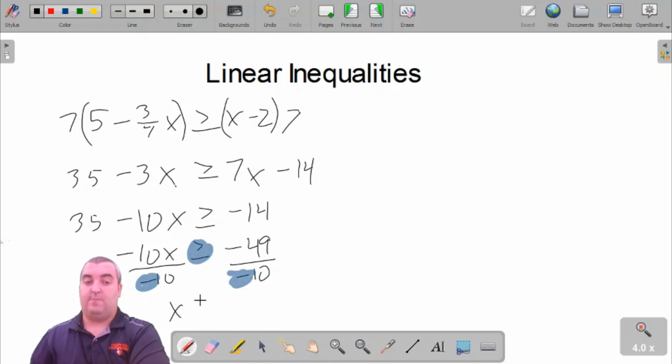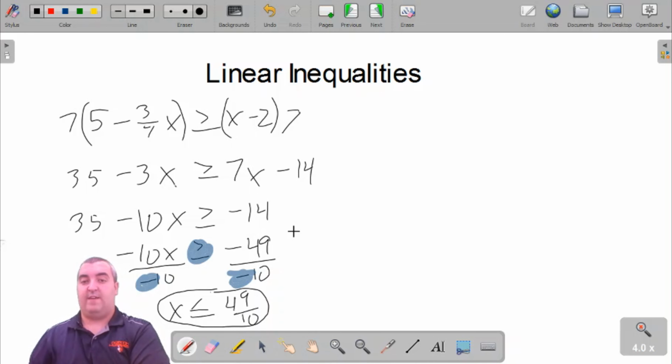The sign is going to flip, so instead of being greater than or equal to, it is now less than or equal to. And then here we try to simplify this if we can. Both have negatives, so those will cancel out, and we're left with 49 over 10, or 4.9. I'm going to leave it as the improper fraction, whatever. So right there, we have solved this linear inequality.